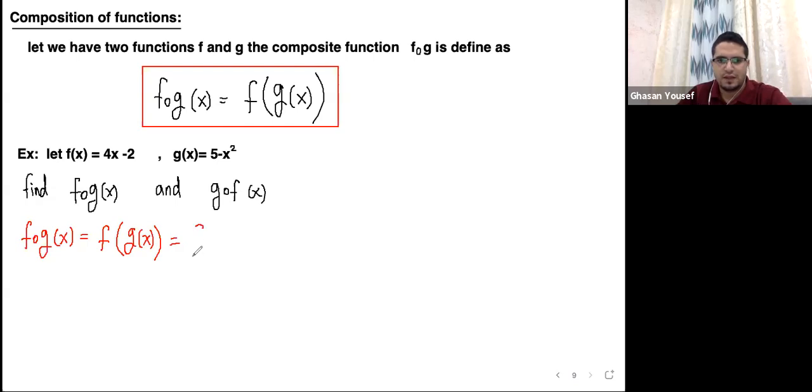So you have to write it like f, open parentheses, g of x. You have to copy g of x, 5 minus x squared, and plug it between the parentheses. The g of x is this one. You have to put this one here.